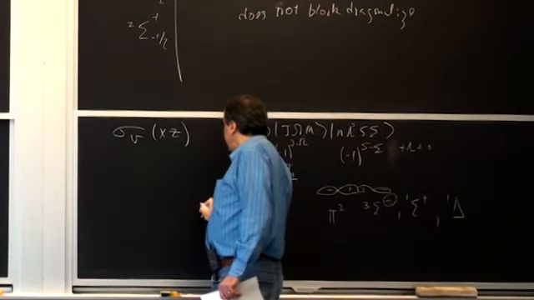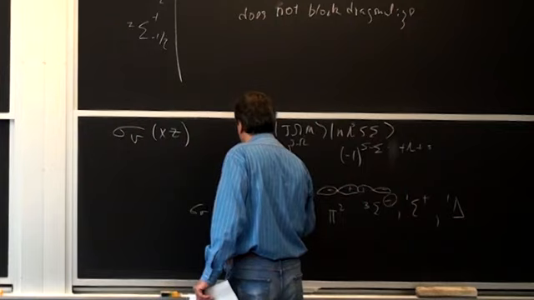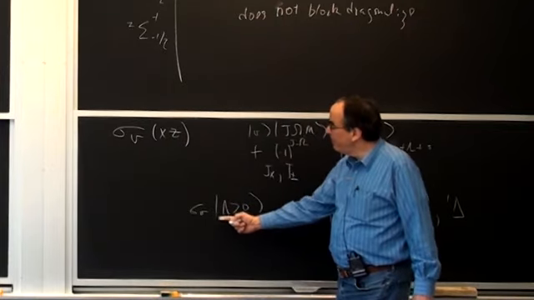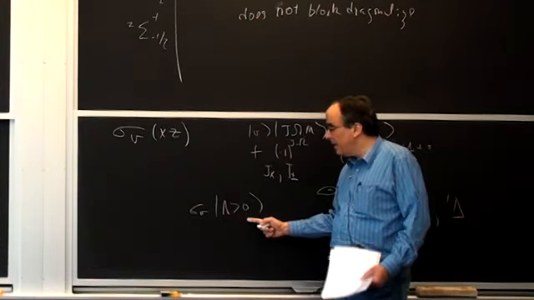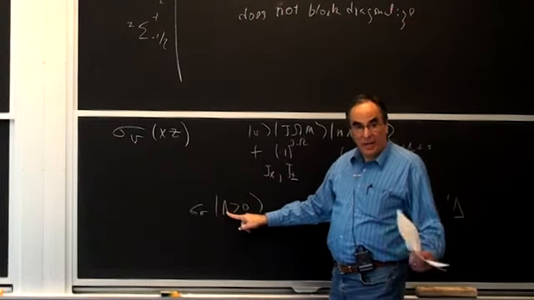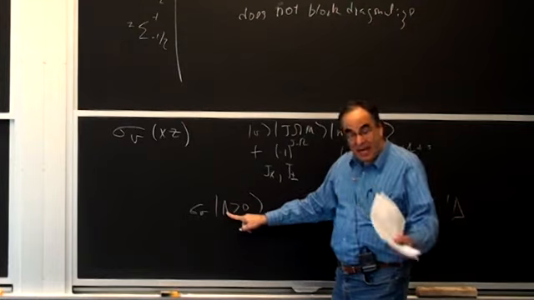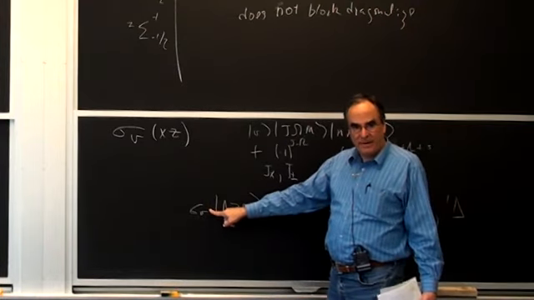So when you apply sigma v to lambda greater than 0, it just takes you into a different basis function. It takes you into lambda less than 0. But if you apply sigma v to lambda equals 0, it takes you into the same thing. It can't change sigma, but it could give you a -1.